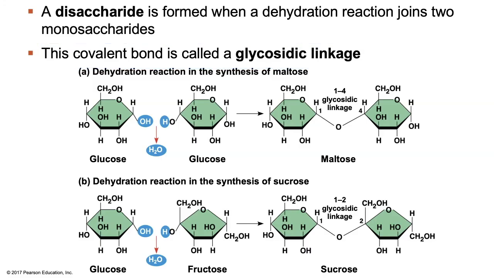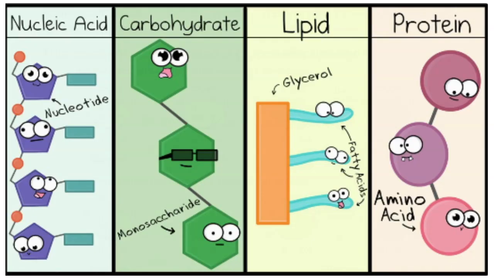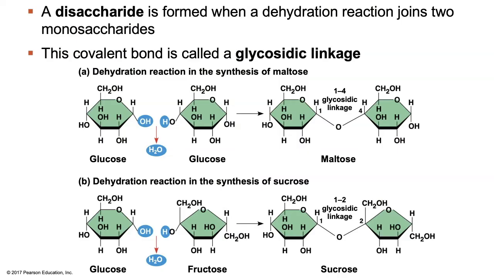Remember, carbon makes 4 covalent bonds. All of the bonds that hold the monomers are going to be covalent. Your carbohydrates, your lipids, your proteins, and your nucleic acids are all held together by covalent bonds. Image A shows this dehydration reaction.